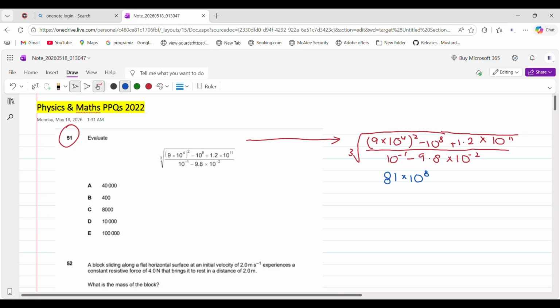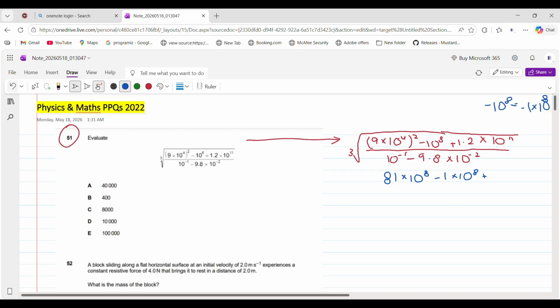And then if I write minus 10 power 8 as minus 1 into 10 to the power 8, it would be the same, right? It would not create any difference. So instead I'm writing here minus 1 into 10 to the power 8 plus, I need to make this power 8 as well, right? And here it is 11 right now.